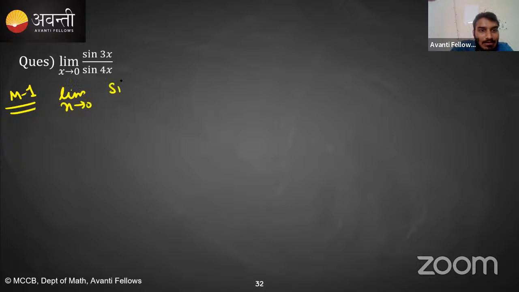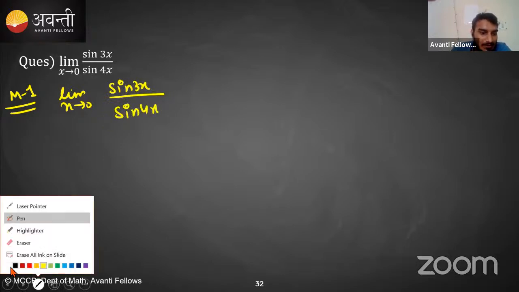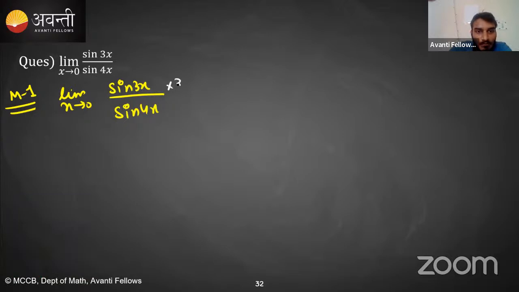So tell me, this is nothing but the limit as x tends to 0 of sine 3x upon sine 4x. Can I write it like this? First multiply with 3x and divide with 3x, and again multiply with 4x and divide with 4x. That's what I'm doing.